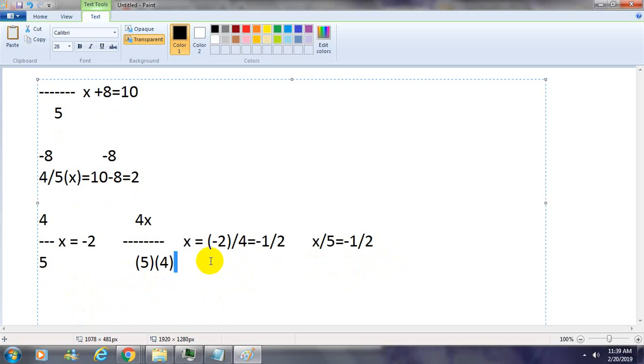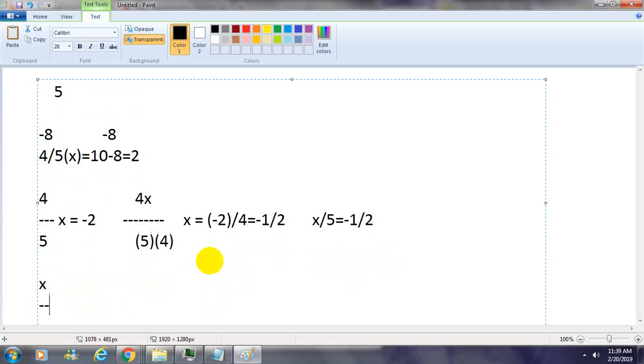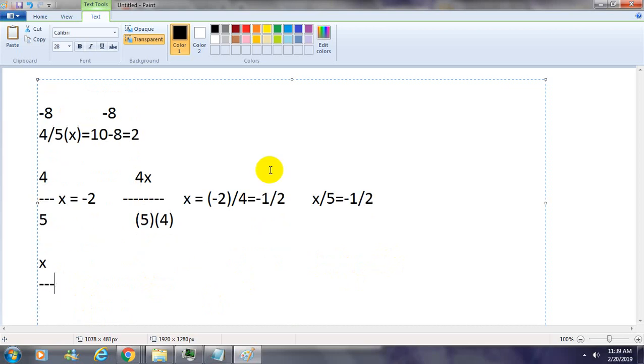We have x divided by 5 equals 1/2, okay? Now remember, you have the x bothered by a division, so we have to multiply both sides by 5.